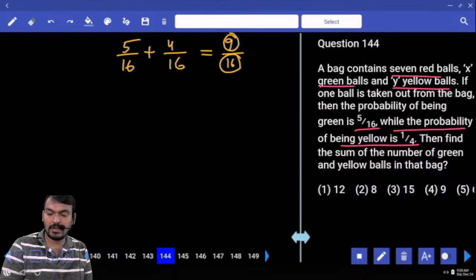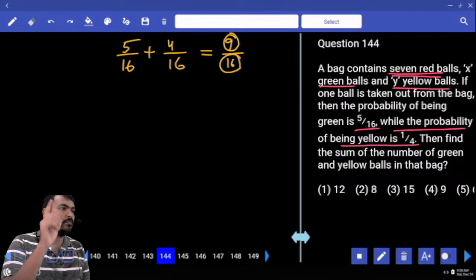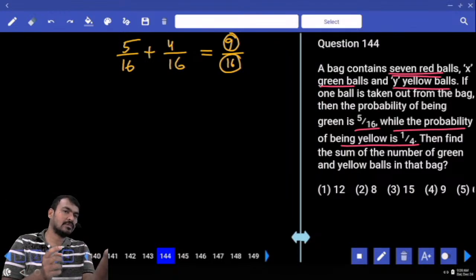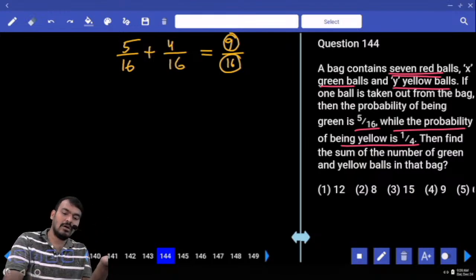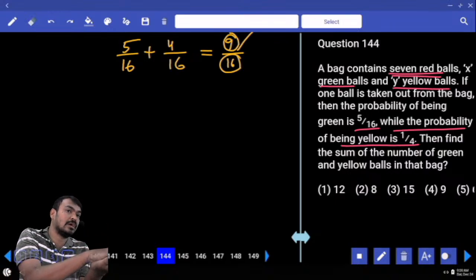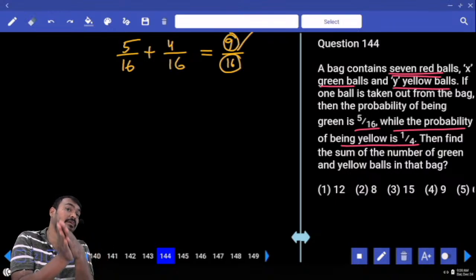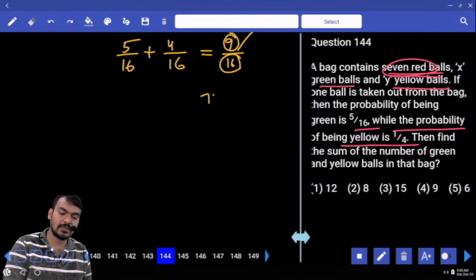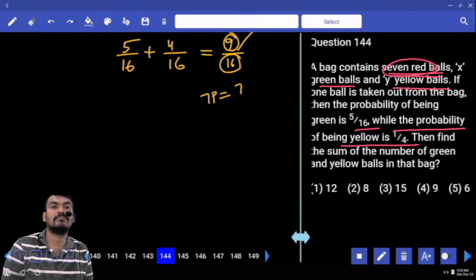How many red balls are there? 7. Means 7 parts are 7 balls.